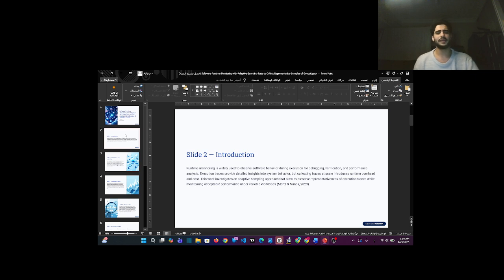However, while execution traces are highly informative, collecting them at scale introduces runtime overhead and operational cost. This challenge becomes more severe in systems where workloads are dynamic. The research presented here investigates an adaptive sampling approach that aims to preserve the representativeness of execution traces while maintaining acceptable system performance.